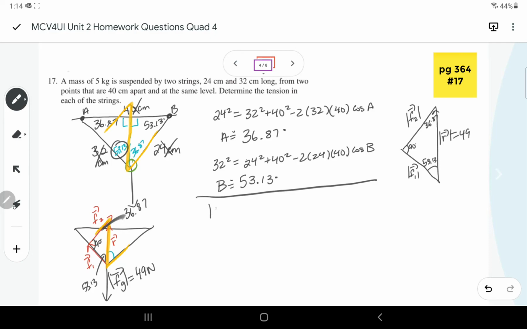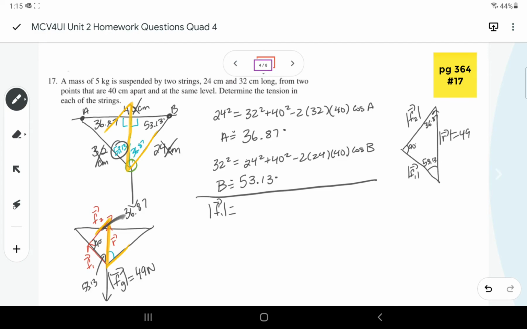So the magnitude of F1, and again, I could use SOHCAHTOA because I know that this is a 90-degree triangle, but it's not usually. So I'm using sine law because I don't want you to generalize that because it's usually not true.